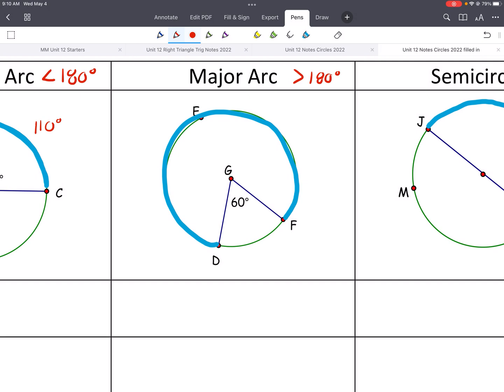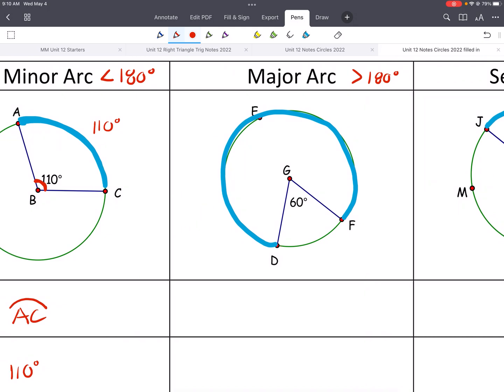Major arc, okay, is what's greater than 180. I've had people in the class say, ooh, how are we going to label that? Well, sometimes people say DF, okay? But if it's a major arc, you'll always have 3 letters to define it. If we just wrote DF like this, then that's telling us that it's a minor arc. If it's a major arc, we have to use 3 letters to define it.